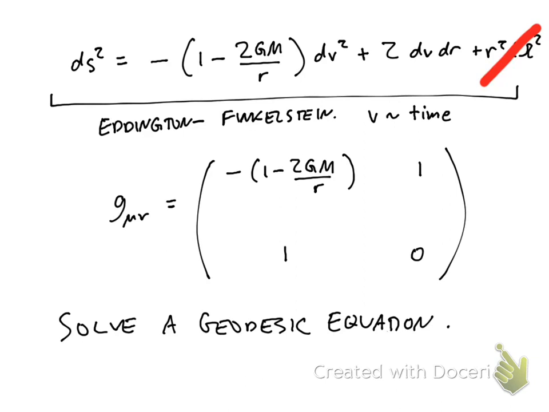If we stare at this metric, you can see that nothing depends on the Eddington-Finkelstein time v. Nothing depends explicitly on v, that means v is a Killing direction. Let me remind you what that means again. There's a Killing vector with components only along v.